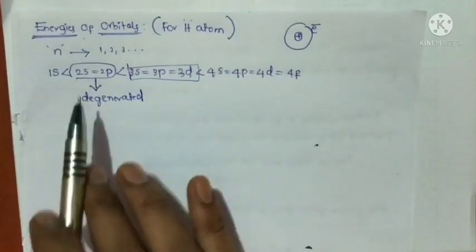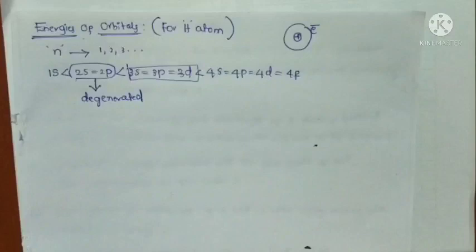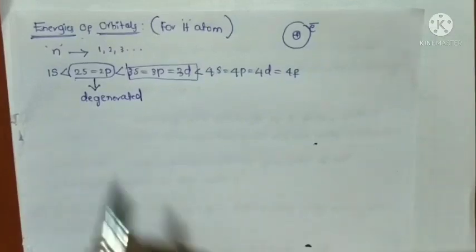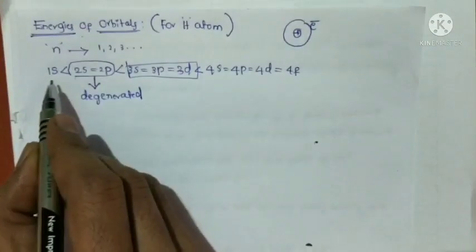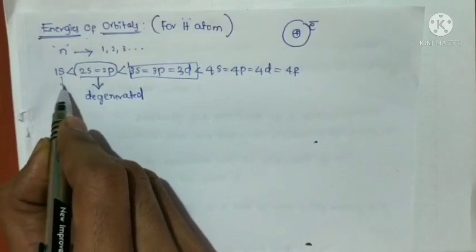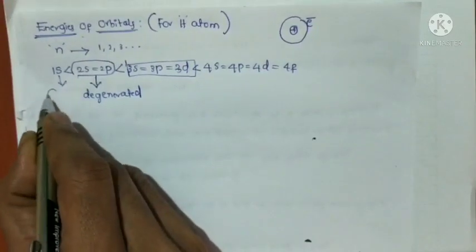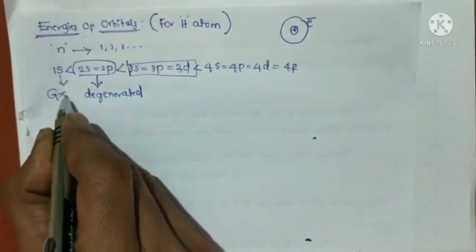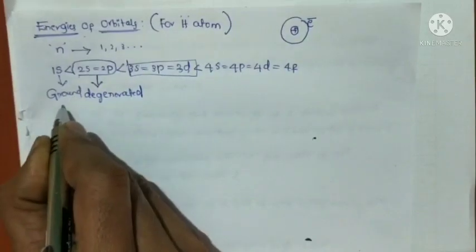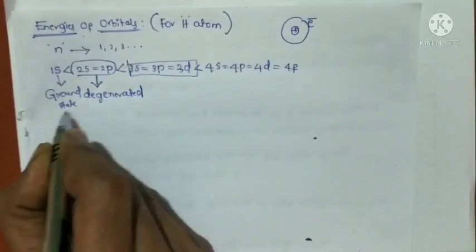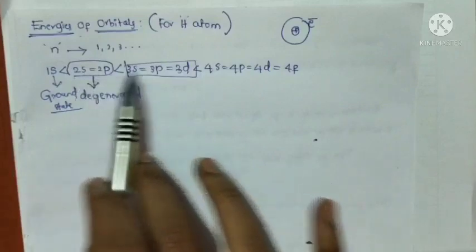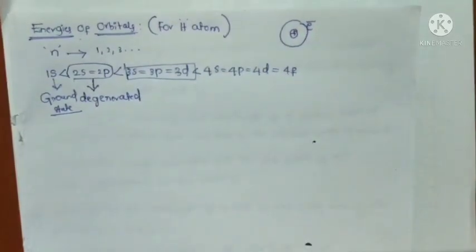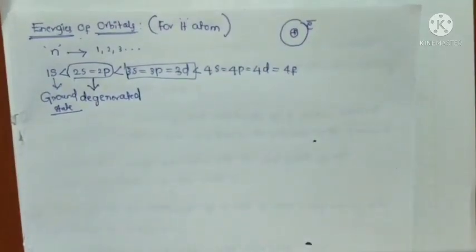And here, for the hydrogen atom, the 1s orbital is the ground state, and the remaining orbitals are excited state orbitals.